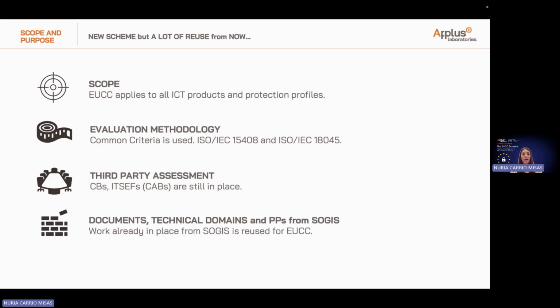And finally, especially if you are used to high assurance products, you will see that documents, technical domains, and protection profiles from SOG-IS are already in place for the EUCC scheme, so they are reused. All the work made there is reused for the EUCC scheme as well.